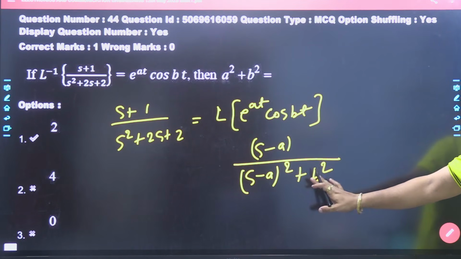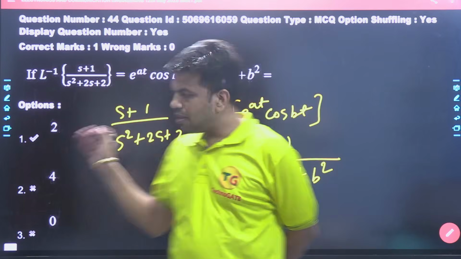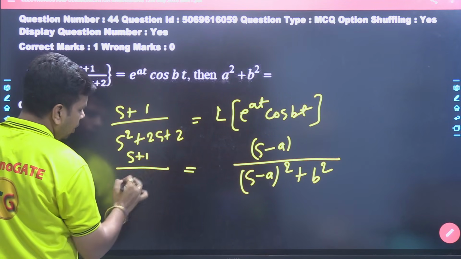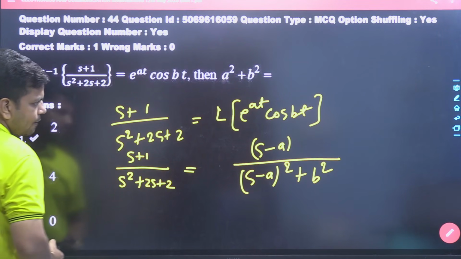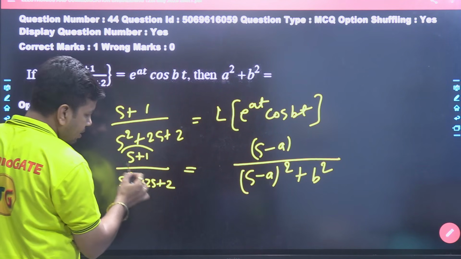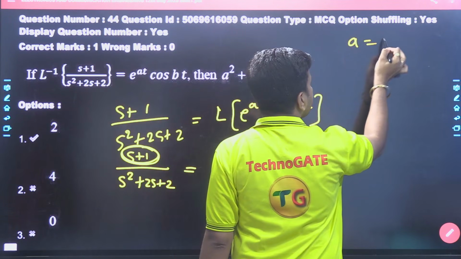Now just compare this with s plus 1 upon s square plus 2s plus 2. By comparing, the numerator says that the value of a is minus 1.